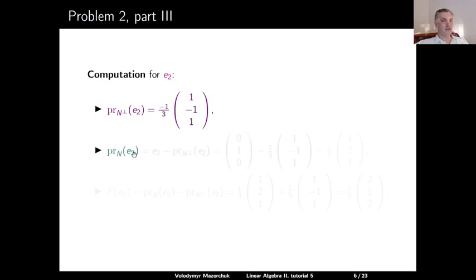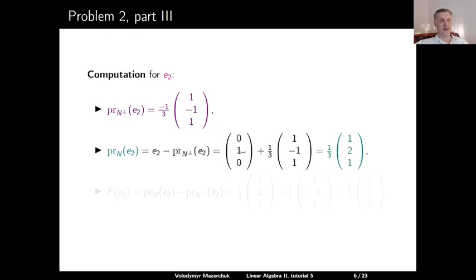Now the projection of E2 onto n is E2 minus the projection of E2 onto the orthogonal complement. So this is (0, 1, 0) minus (-1/3). So it's plus 1/3 times (1, -1, 1). So it gives us 1/3 of (1, 2, 1). This is the outcome.